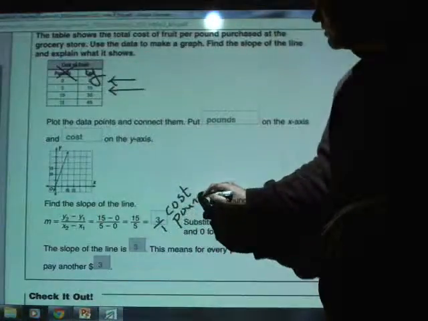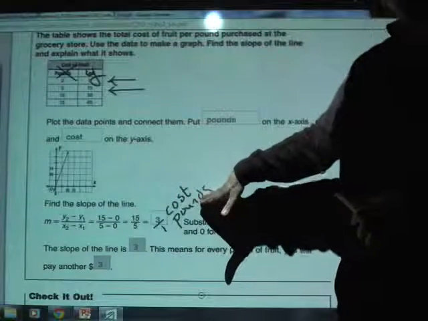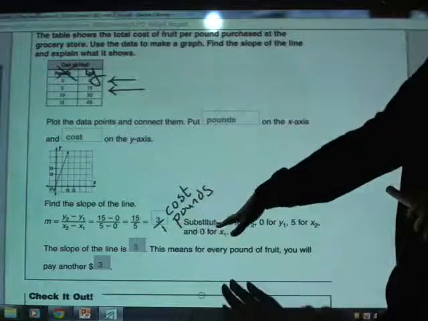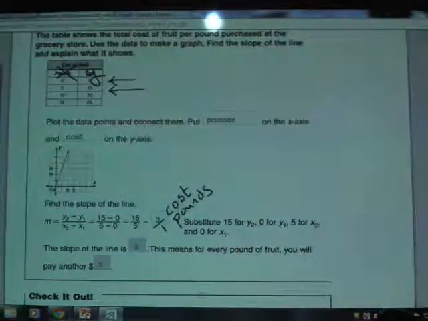So if it works out to be $3 in cost per pound, or in other words, the slope in this particular table and graph set here means that I'm paying $3 for every pound of fruit. And that's the explanation of slope there. 3 over 1, $3 in cost per 1 pound means I'm paying $3 a pound for fruit.